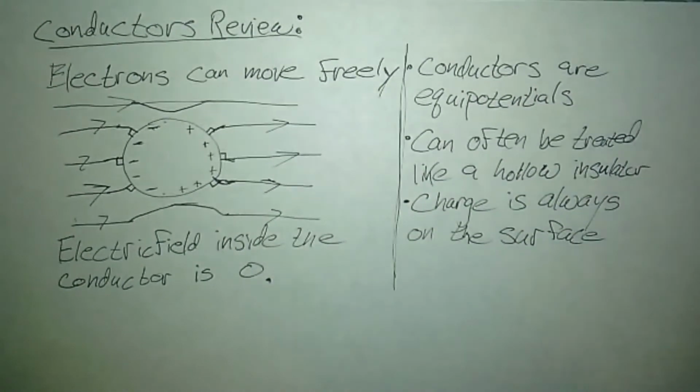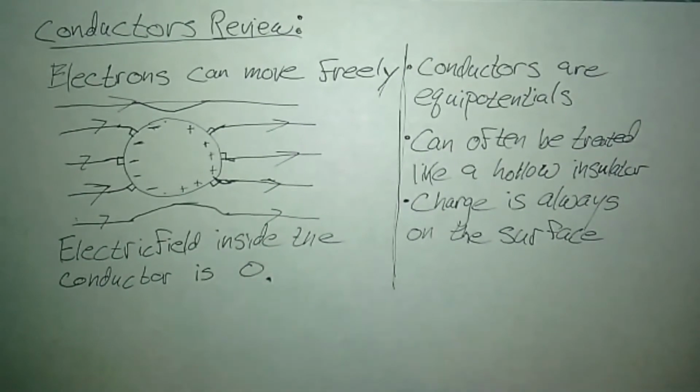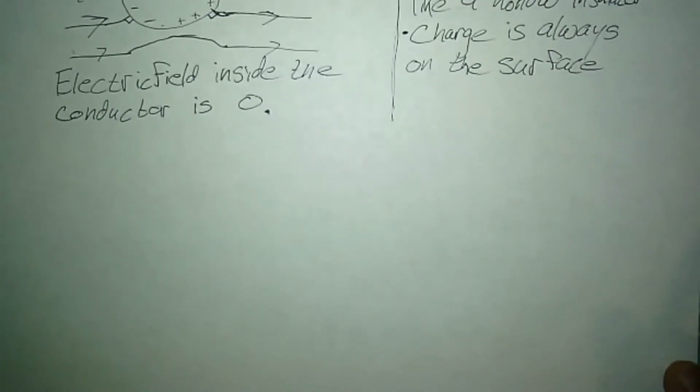So I think a final point I want to make about conductors, at least for now, is that we said the electric field inside the conductor is zero. They have this shielding effect.